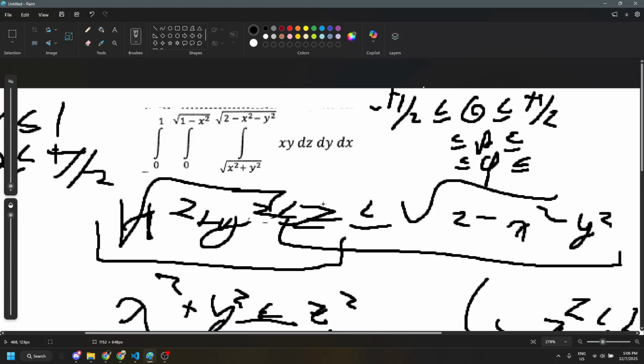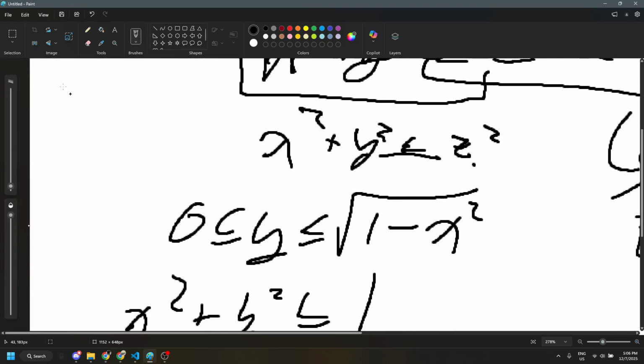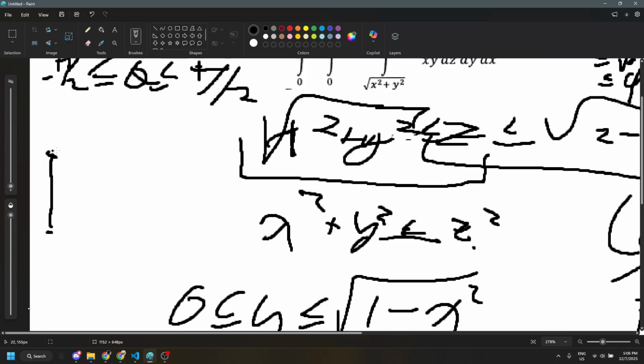So at most, it's at 1, but then it also goes all the way down to 0. So z must always be greater than or equal to, oh, that's z squared. Z squared.